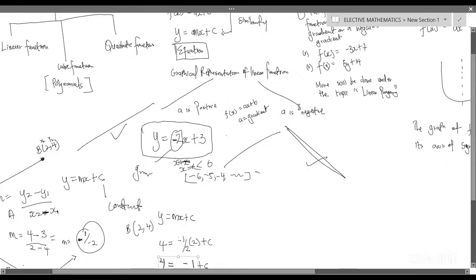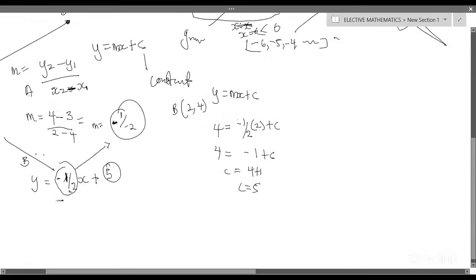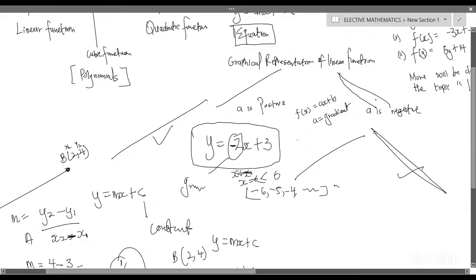This over here that I've circled, the negative 1 over 2, is A. Now realize that it's negative, so the graph is going to go this way. It means anytime I plot a graph with this particular function, I'm expected to see the graph moving in this particular direction. Are you getting the point? Yes, please.